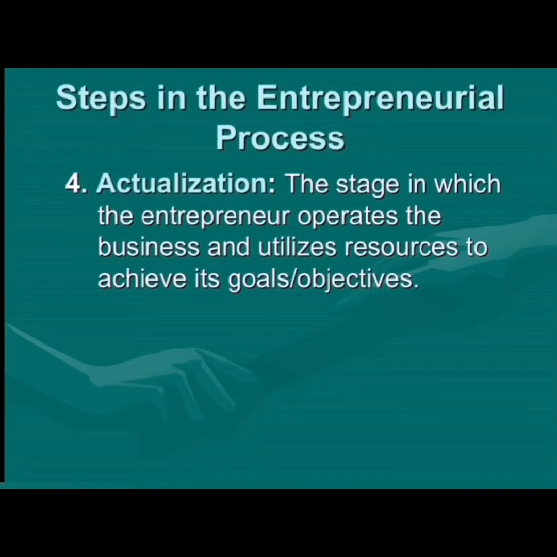The next step, the fourth, is actualization, the stage in which the entrepreneur operates the business and utilizes resources to achieve its goals. So here actualization means he tries to make things possible. He just tries to make his first flight.